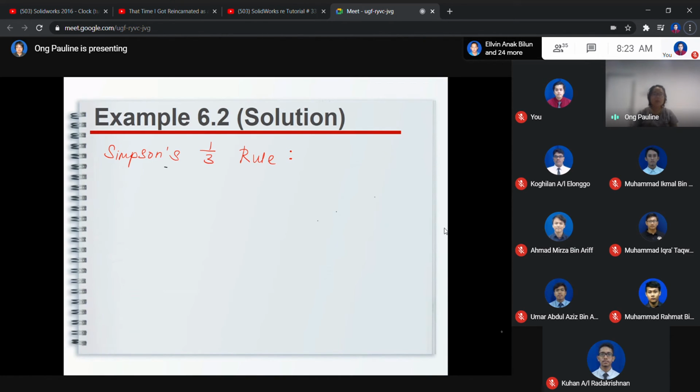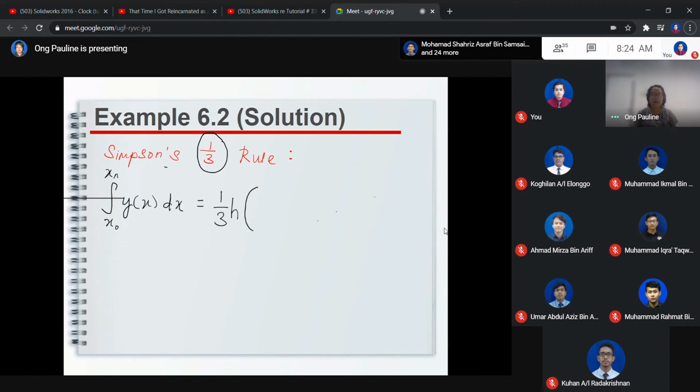In general, if we want to integrate y(x) dx from x naught to xn, you have 1 over 3 h.